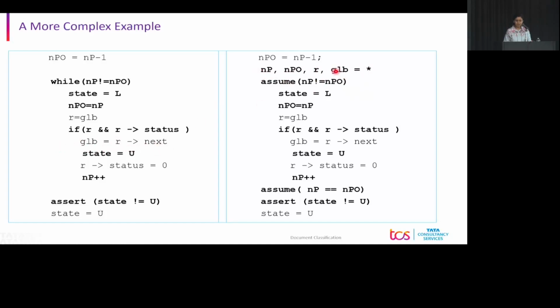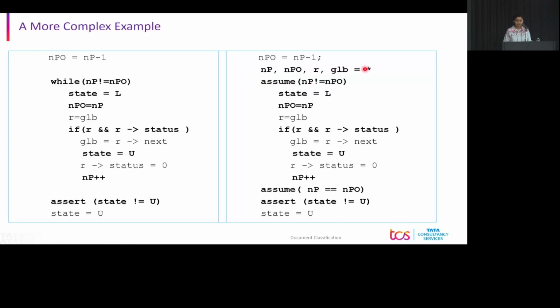So we just have these variables, and then comes the loop condition, which is assumed. If this loop has to be entered into, then it is assumed at this point, and then the loop body is executed, and then again it is assumed that the loop condition doesn't hold anymore, followed by the assertion. Now again, see the play of this assumption, which is the loop condition.